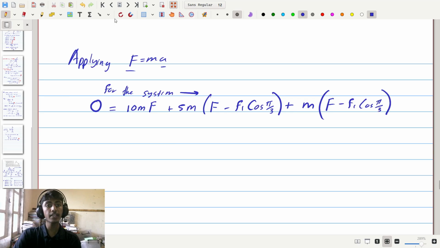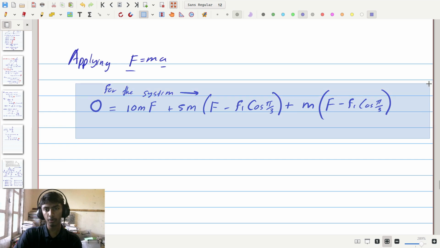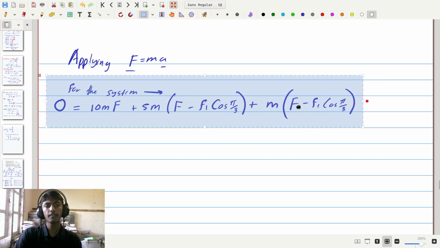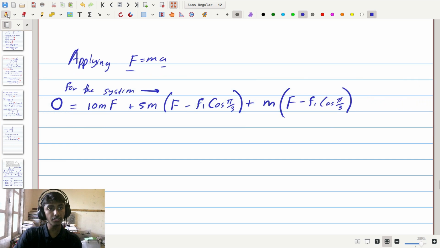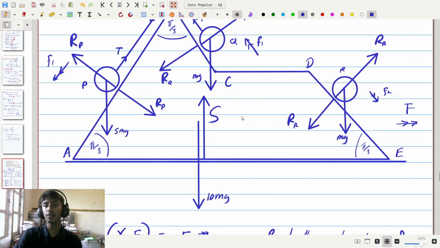Now finally we need one more force and one more ma value. The final ma value and acceleration we need to consider is going to be that of R, and for R we have a downward acceleration of F2 like this. What we need is the horizontal component, so we need the cosine value. Here we can see this angle is pi by 3, so this angle is also going to be pi by 3. So we need the cosine component of pi by 3, meaning we have F2 cosine pi by 3.